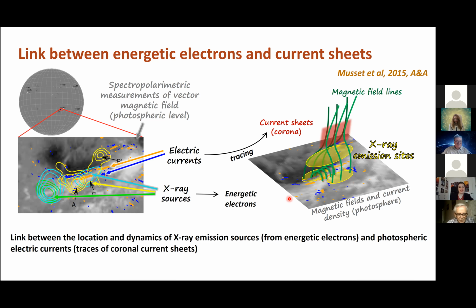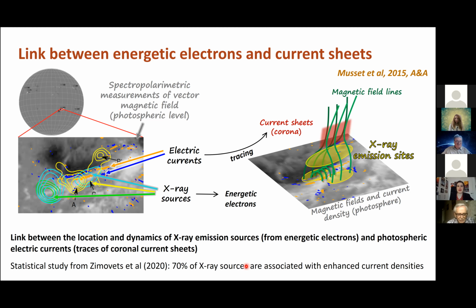What was shown in this study is that there is a link between the location, but also the dynamics, of X-ray emission sources from energetic electrons and the photospheric electric currents that are the traces of what's happening up there and traces of current sheets. And so that's an indication in favor of acceleration linked to this current sheet structure.